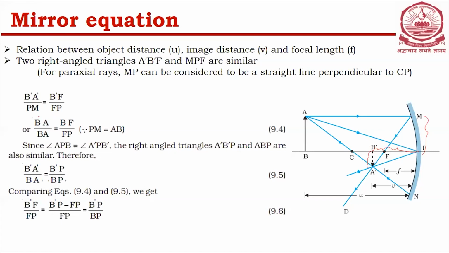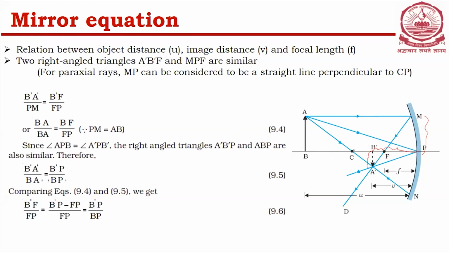Here PM is equal to AB, so we can alter this B dash A dash. Now take triangle APB and triangle A dash B dash P. One triangle is with the object, the other is with the image, and both are right angled triangles, so they are similar.